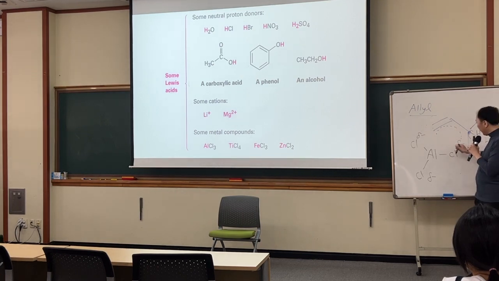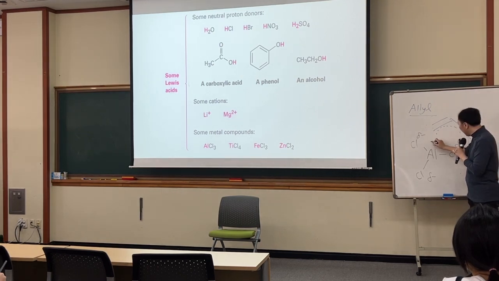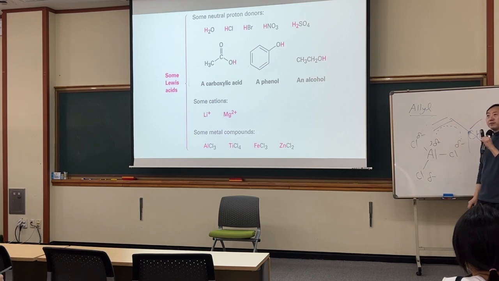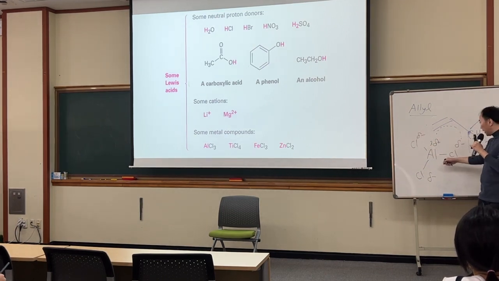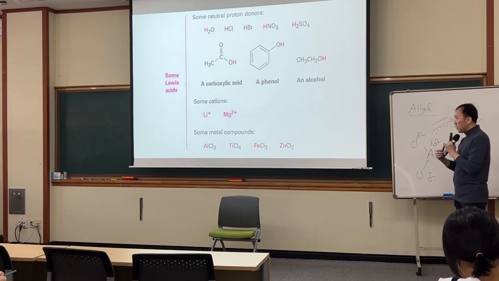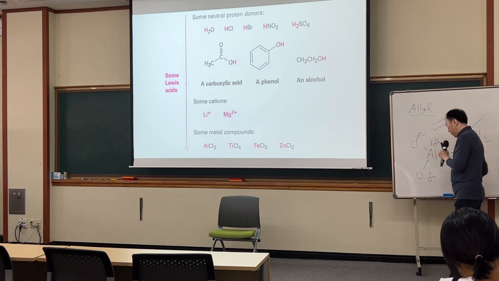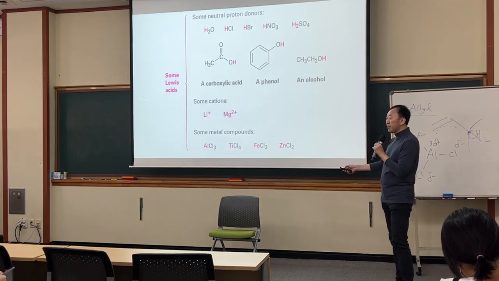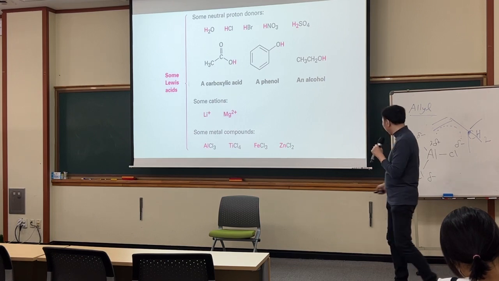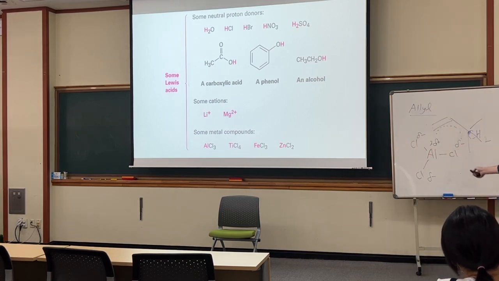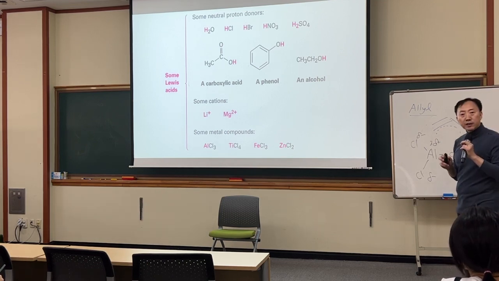If this is 1 unit, then aluminum should be 3 delta plus, right? It donates some electron this way, and this is electron deficient. So in a sense, these two look quite similar, with a kind of metal cation character. Those guys act as acid because they are electron deficient.